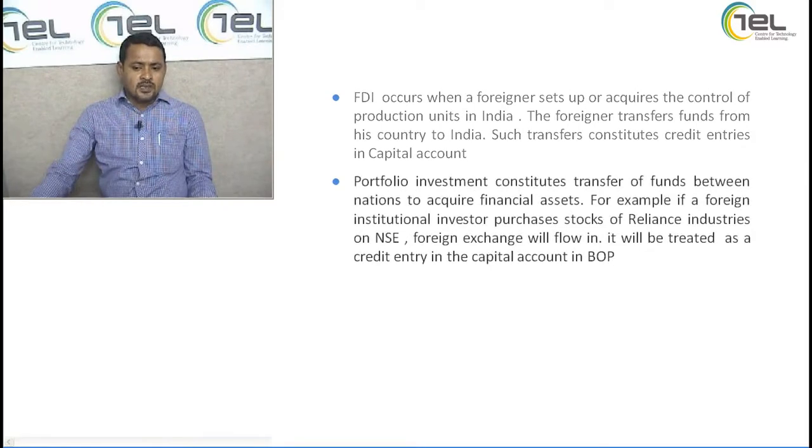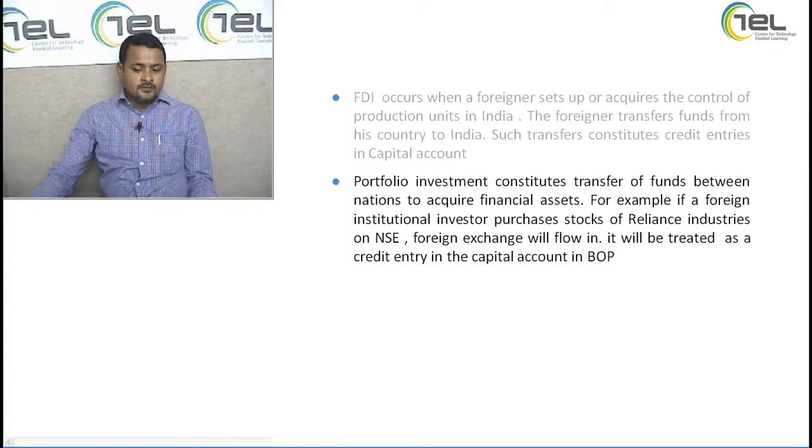On the other hand, portfolio investment constitutes transfer of funds between nations to acquire financial assets. So if a foreign institutional investor purchases stocks of an Indian company in the stock market, suppose the National Stock Exchange or Bombay Stock Exchange, foreign exchange will flow in. This is regarded as an inflow, that will be credit.